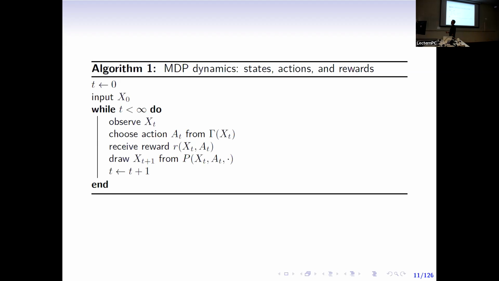So, going around forever, we observe the current state, we choose an action from our feasible set, we get a reward, the state updates from this distribution, which is affected by our state and action, and we go around again. And we try to maximize lifetime rewards.